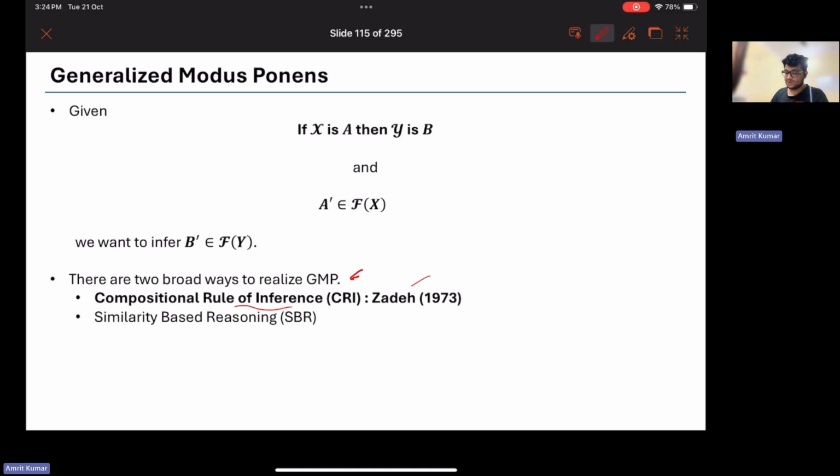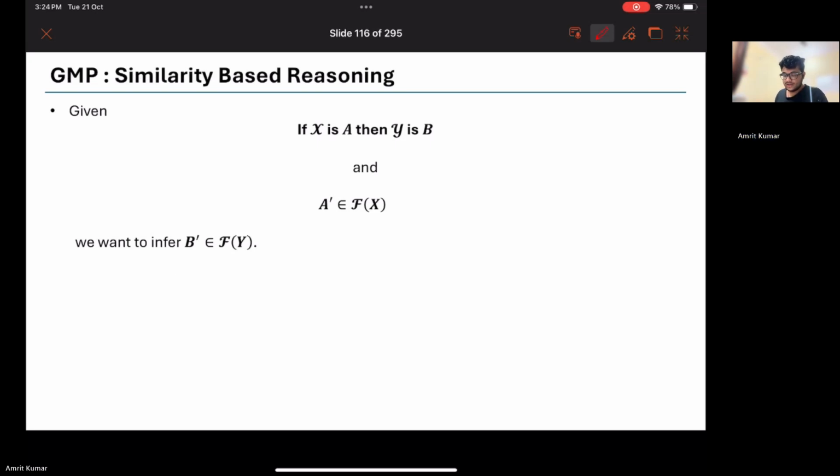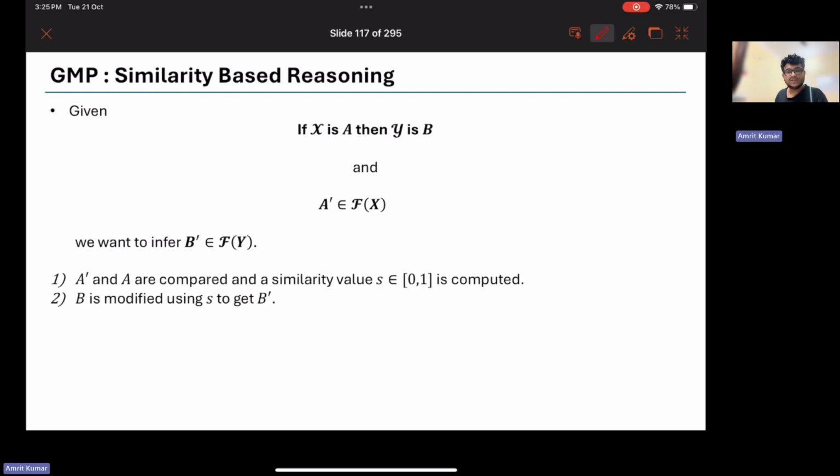Now, the second paradigm to achieve generalized modus ponens is what is called similarity-based reasoning. So we will now discuss this. In similarity-based reasoning, the goal is again the same. You have an if-then rule, and you have an antecedent fuzzy set A dash, and you want to infer a consequent fuzzy set B dash. Now, in similarity-based reasoning, what we do is the following.